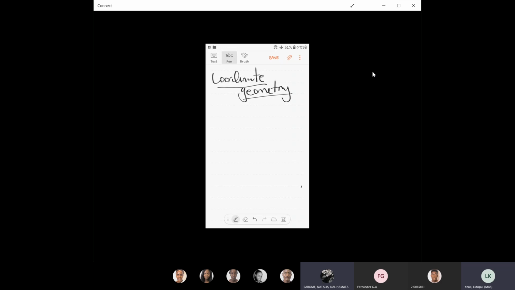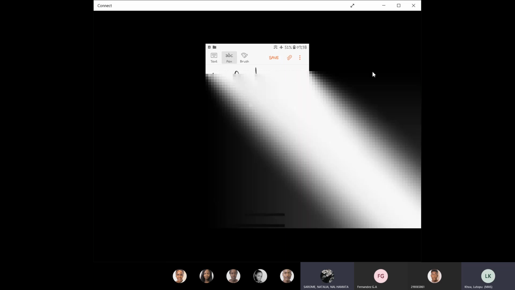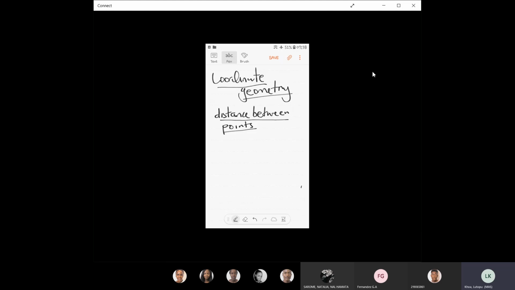Okay, so the first thing we look at is the distance between points. So if you have your Cartesian plane, the x and y axis, this is your x, and that is your y-axis.